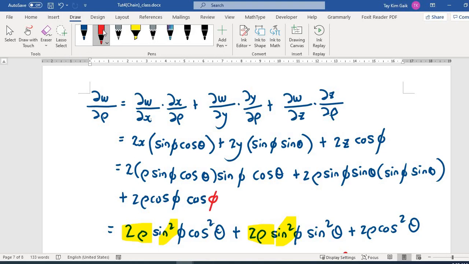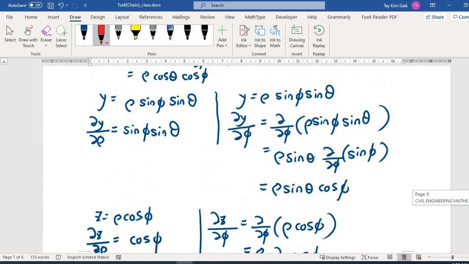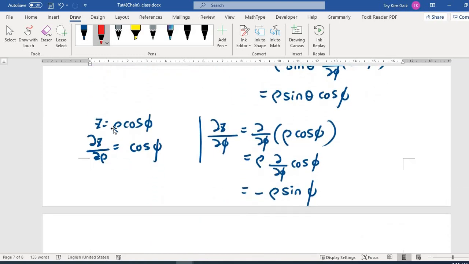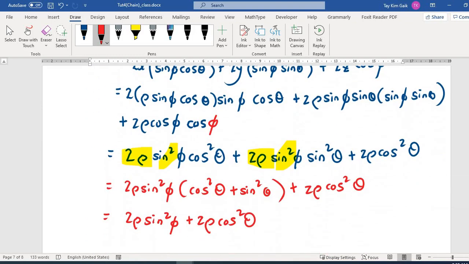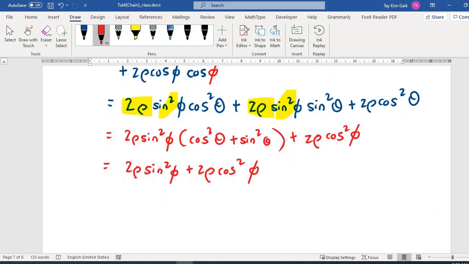Z is rho cos phi. Del z del rho is cos phi, because z is in terms of phi only. Del z del phi is cos phi. That's why this one is phi. Okay, so now we simplify again by factoring out the 2 rho.